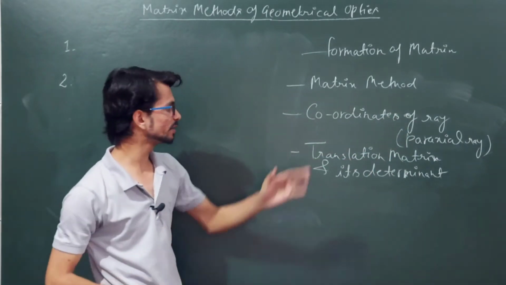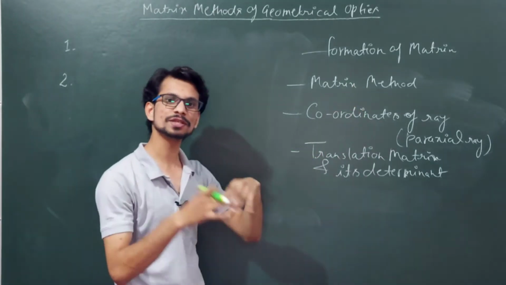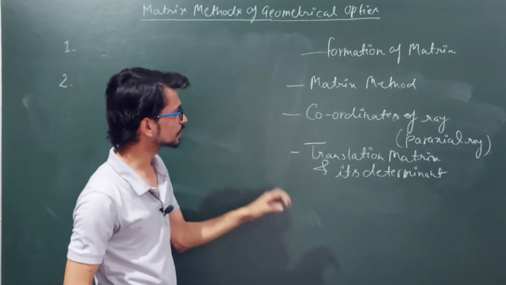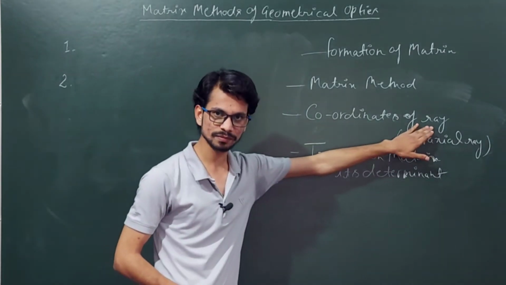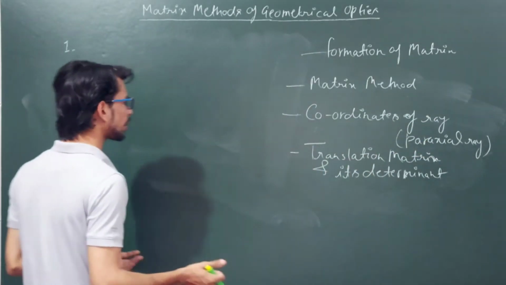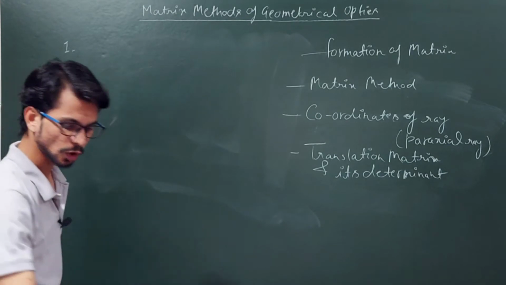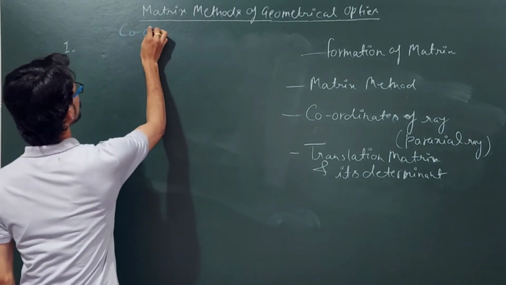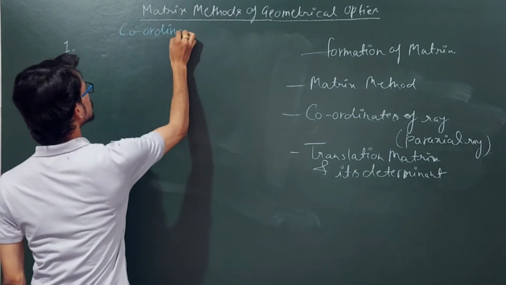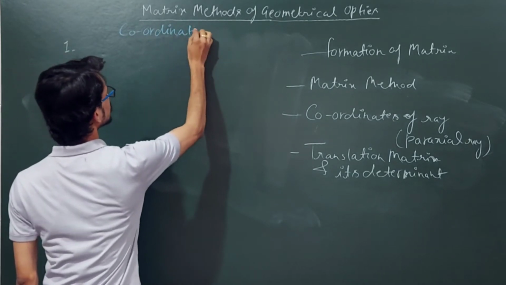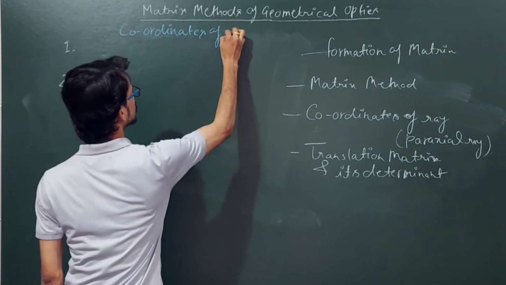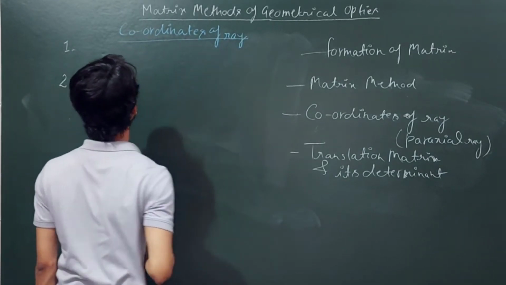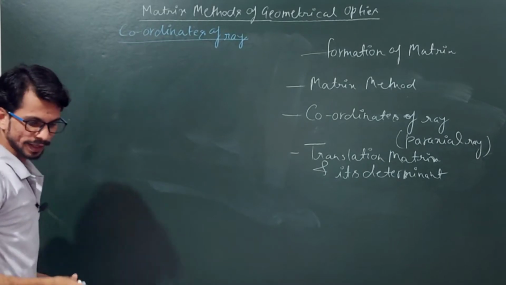In order to find the matrix of an optical system, I need the coordinates of rays. And what are the coordinates of a ray? How do we find the coordinates of a ray?